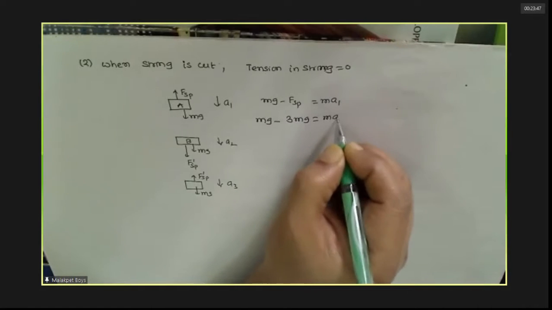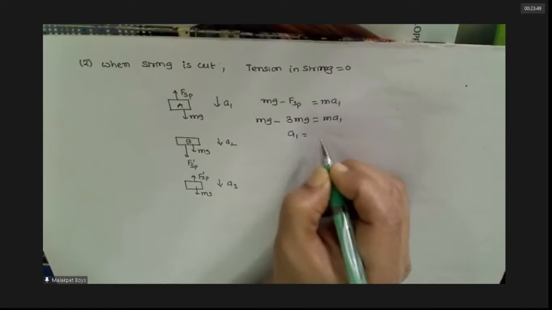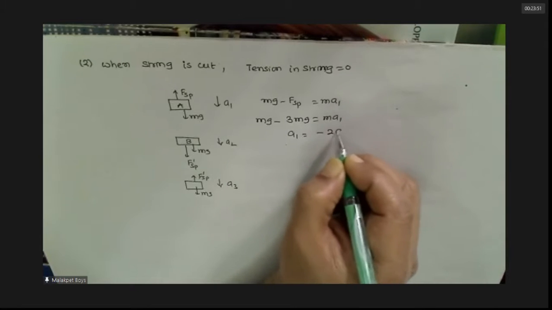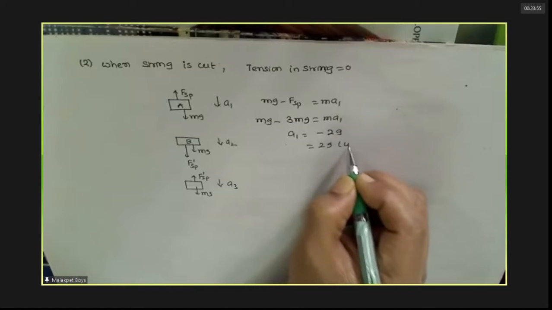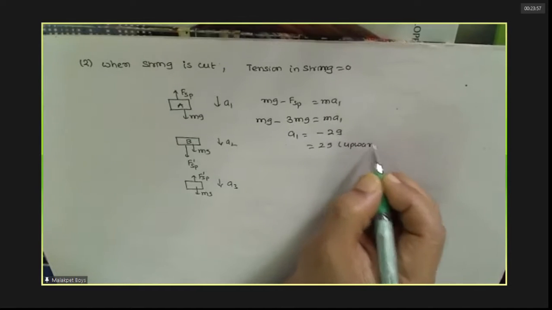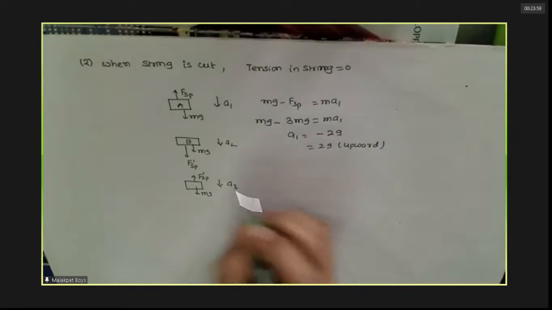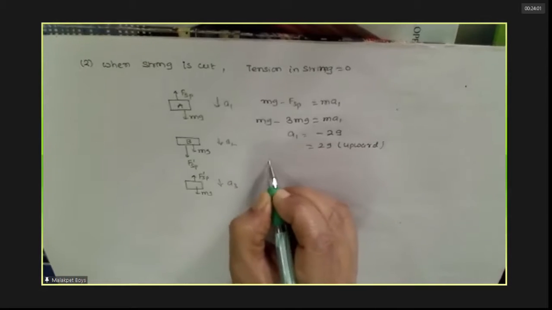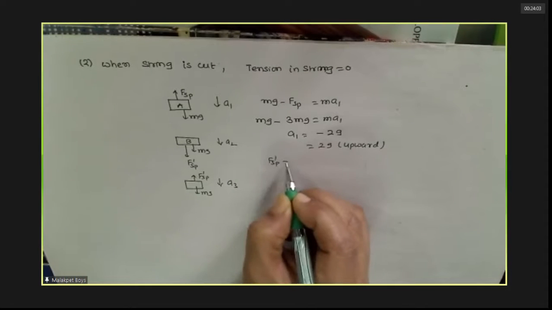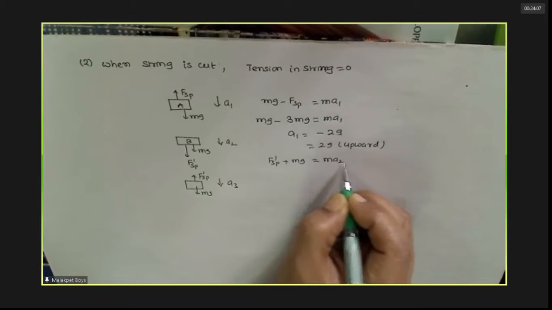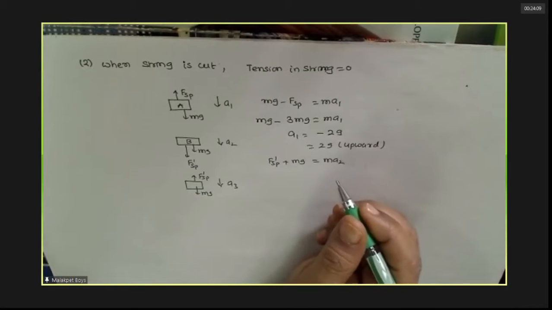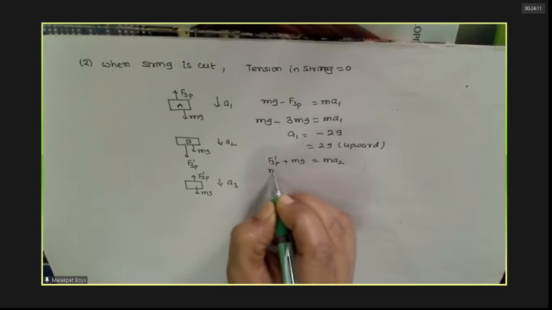So a1 is minus 2g, that means 2g upward, because our assumed direction is downward. Now come back to this, fsp plus mg is ma2. fsp is nothing but 3 mg, which you got previously.